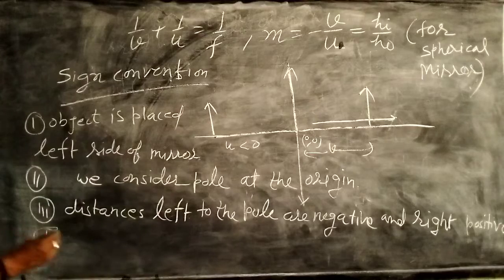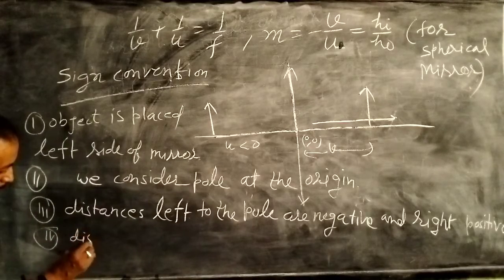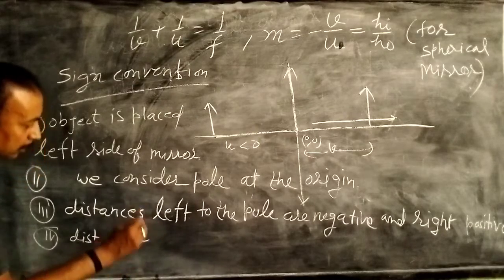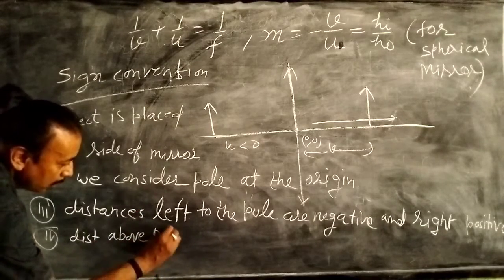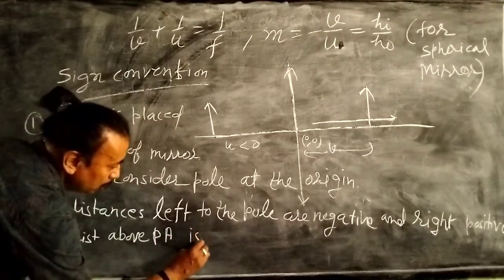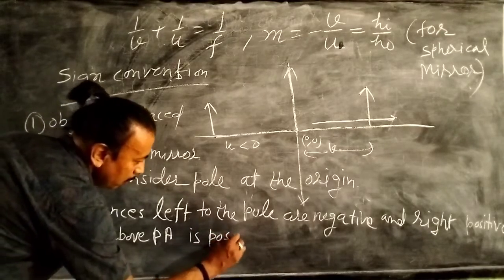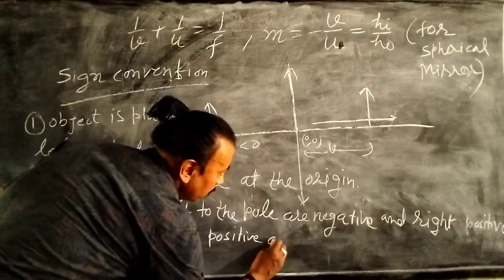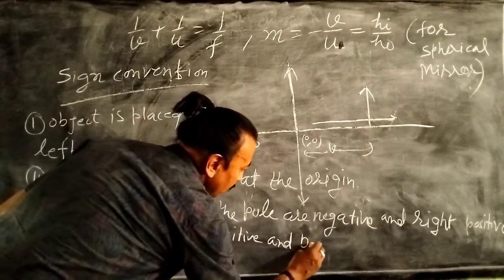Similarly, distances above the principal axis are positive, and below negative.